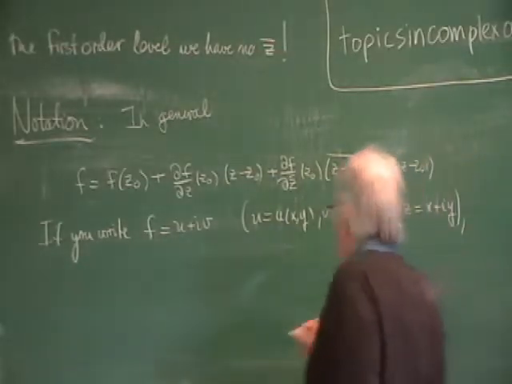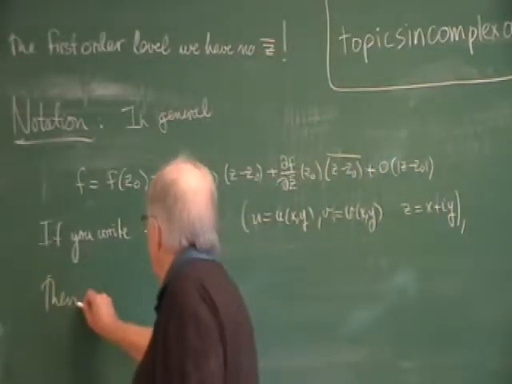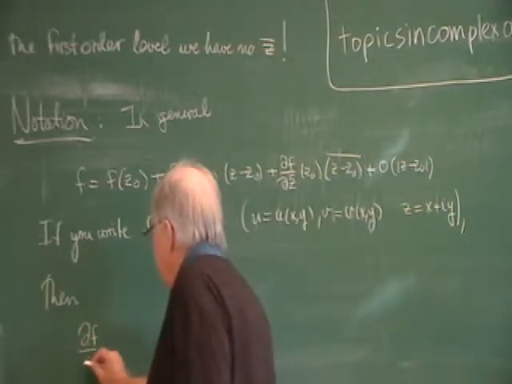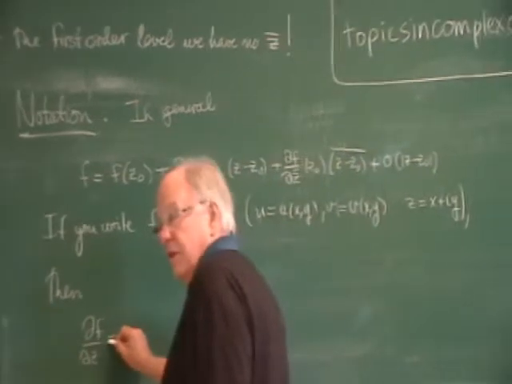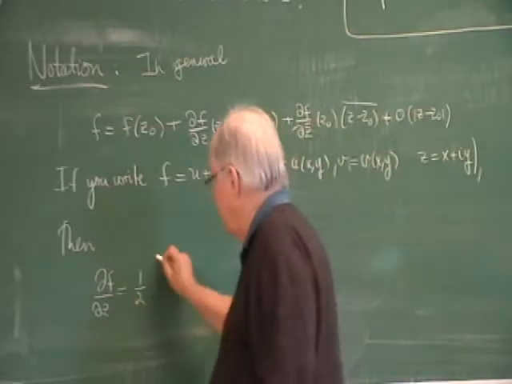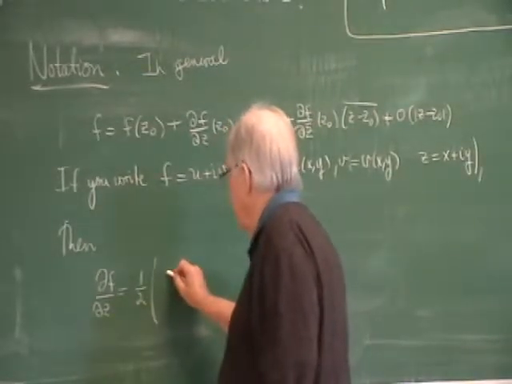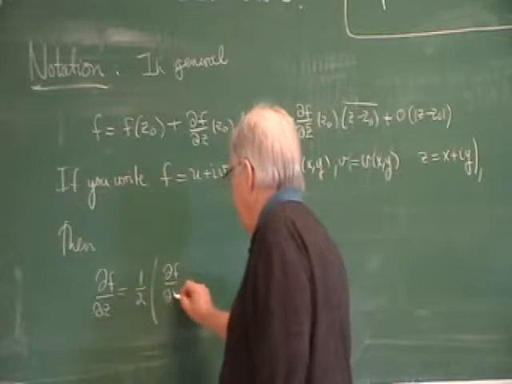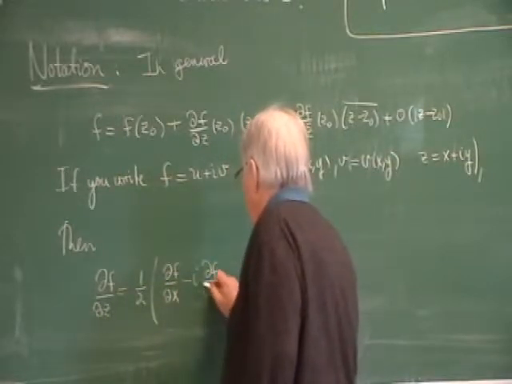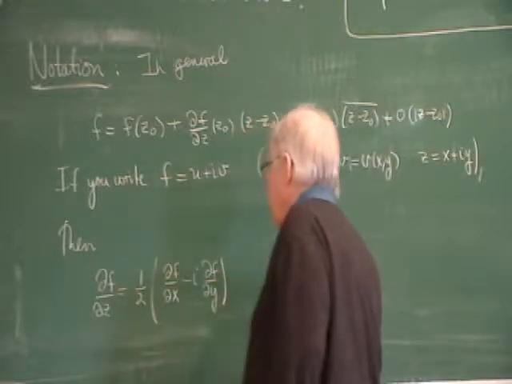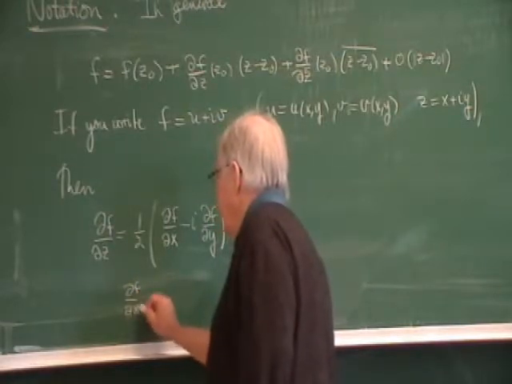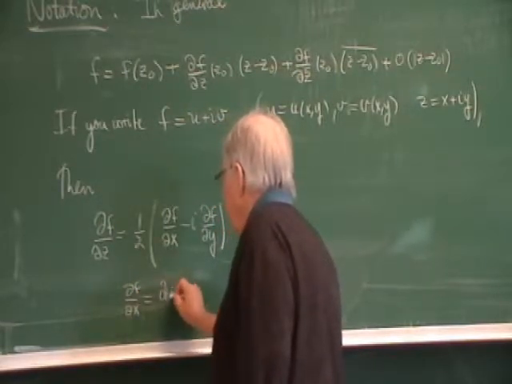Then the partial of f with respect to z, I mean, I know I've done this all my life, so I know by heart, but you can check this. This is just a calculation you will check. Is the partial of f with respect to x minus the partial of f with respect to y. There's a minus sign here. And of course, what the partial of f with respect to x is, this is the partial of u with respect to x.